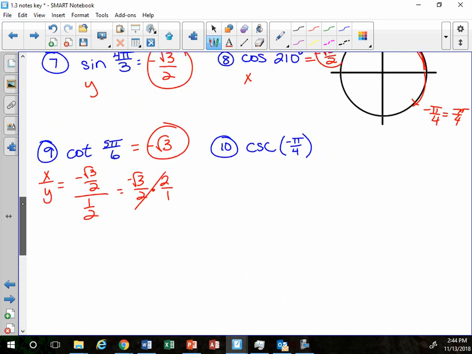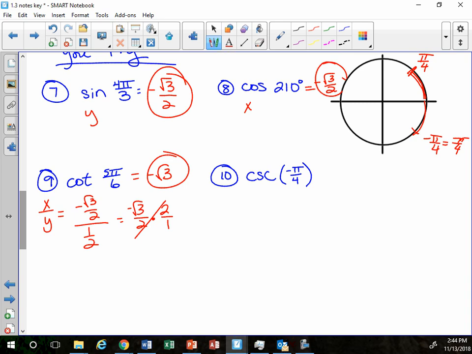Okay. So back to this wonderful number 10. All right, are we okay with the ordered pair at negative pi over 4 being root 2 over 2, negative root 2 over 2? Cosecant is related to sine, right?